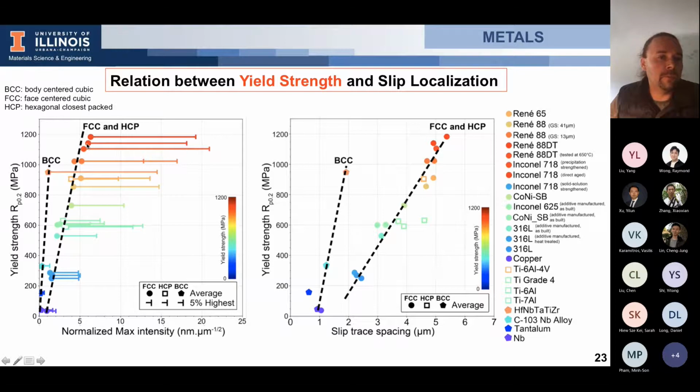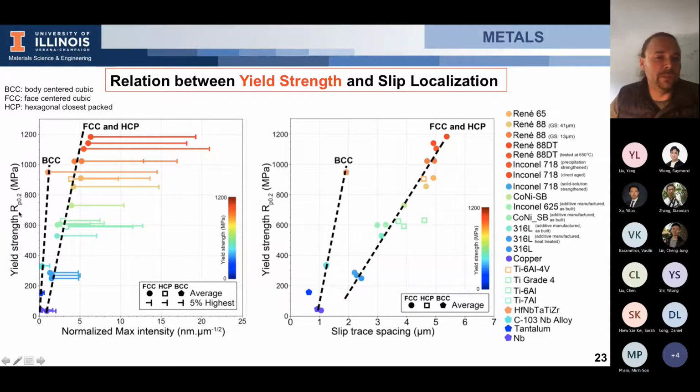The point displays the average value for all of these slip bands, and the bar displays the maximum, the 5% highest values. And of course, in fatigue, we are more interested in the highest values because those are the ones that develop damage during cycling.